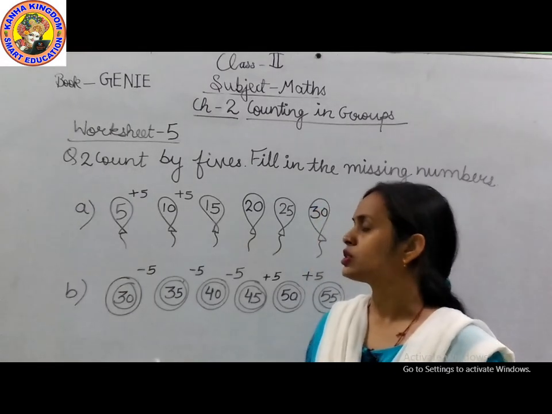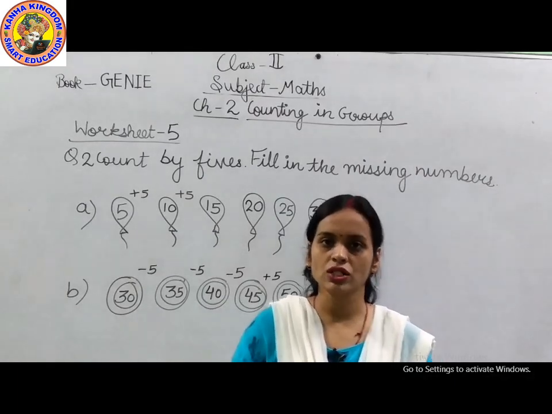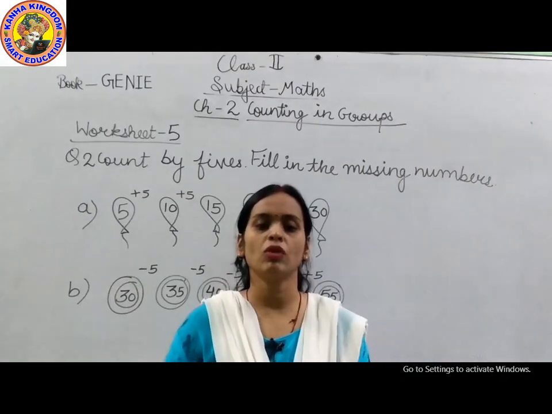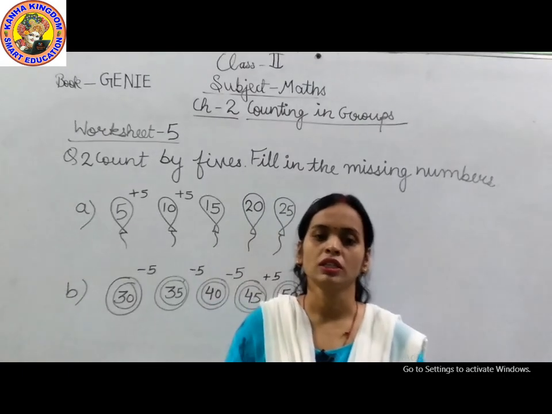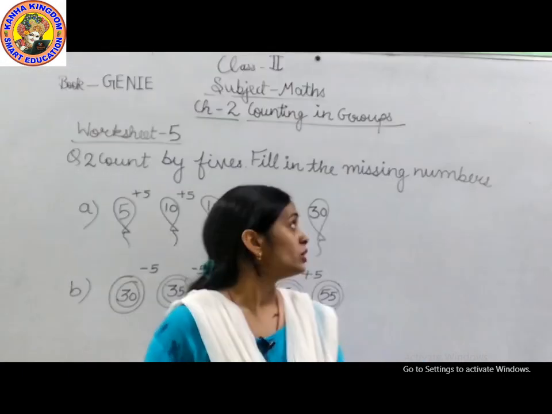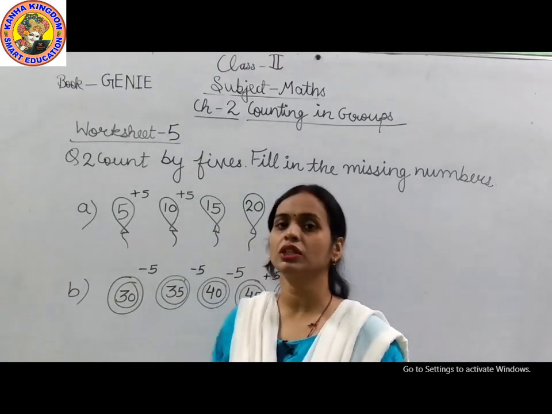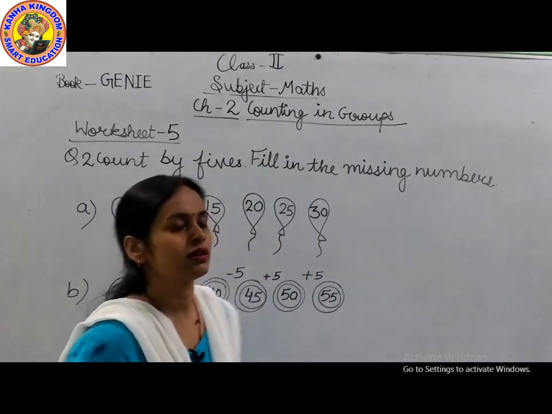Okay? So rest all the questions of worksheet 5, do in your Genie book, and question number 1, join the dots to make a drawing and then color it. Do yourself. And question number 2, rest all the questions, do in your Genie book.